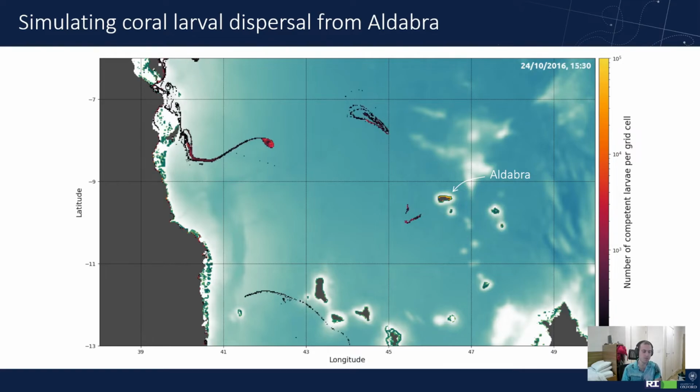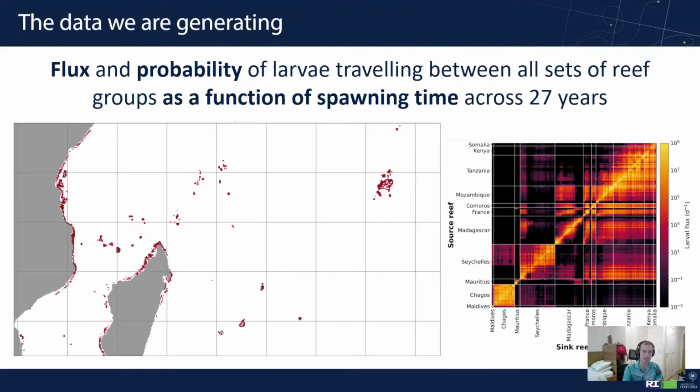But in terms of the raw end product from these simulations, it's basically a prediction of how many larvae go from reef A to reef B as a function of time for all reefs in the region and for all days across 27 years.